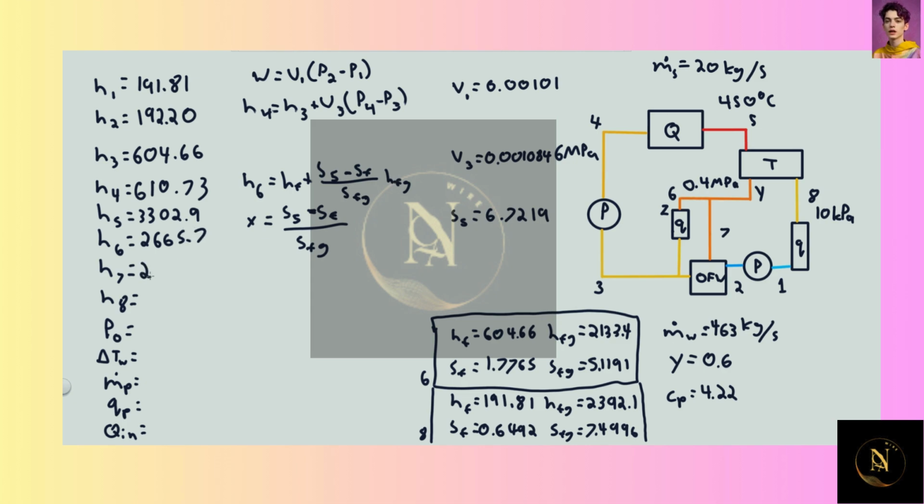And as I said, that'll be the same as H7. The only difference between 6 and 7 is the amount of steam going to each one. For H8, as I said, we're going to be doing the same thing. The only difference is we'll be using our lower table here for the vaporization and saturated liquid enthalpies and entropies. And that will get us 2128.8.